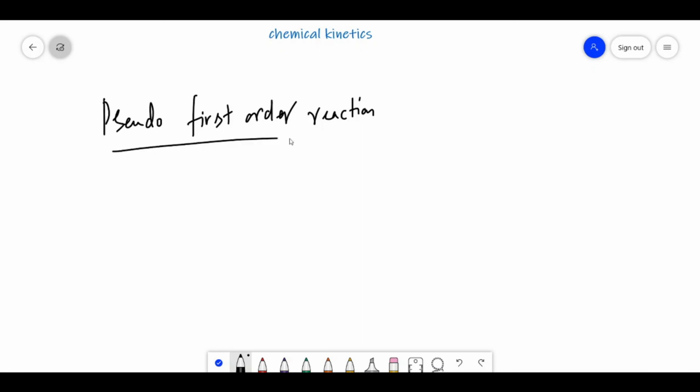They will give the question: the following is an example of pseudo first order reaction. So in the pseudo first order reaction, the reaction we have is sucrose, C12H22O11, on hydrolysis with water in the presence of acidic medium.